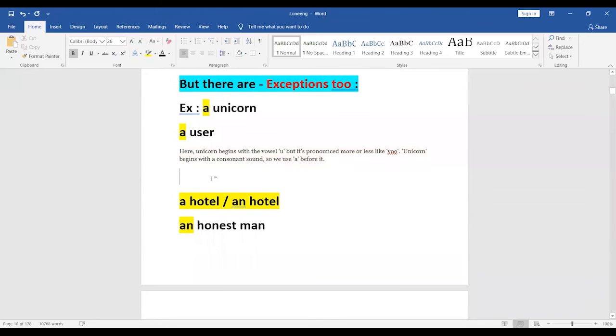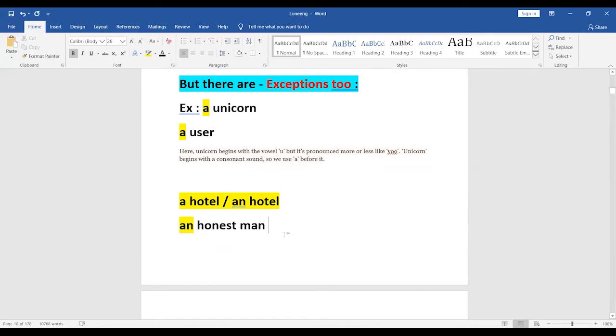Now, another exception that we want you to know is a hotel. Now, there is a huge debate because if you search on Google, you will see a hotel, okay? Although H is not a vowel, you will see people saying an hotel. Both are grammatically correct. And because this is an exception, I have put it here so that you will know.